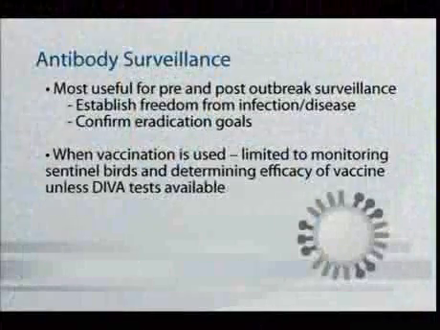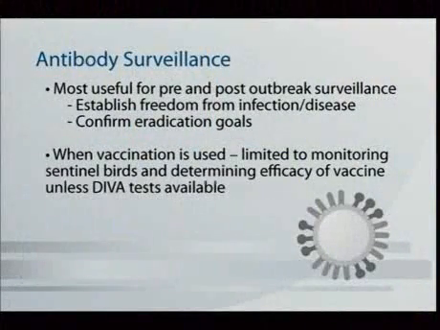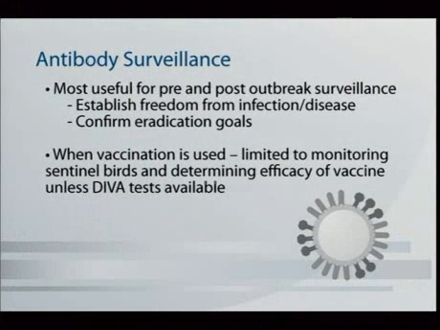So if we look at antibody surveillance, antibody surveillance is most useful before and after outbreaks. Before outbreaks, to know if you have any infections circulating in your poultry, and after outbreaks to confirm, if eradication was your goal, that you are indeed free of disease and have completely eliminated these infections in poultry.